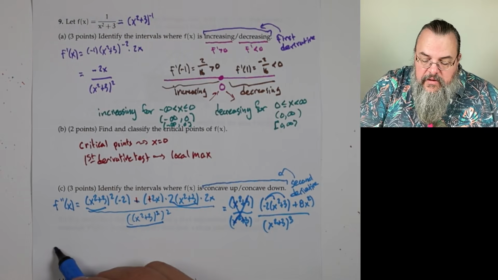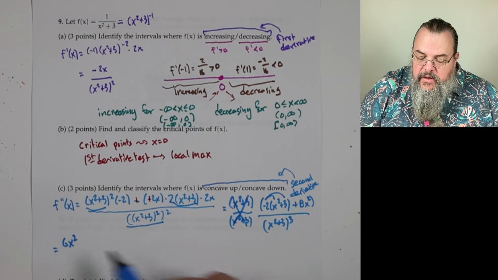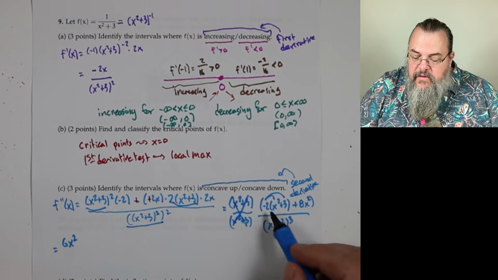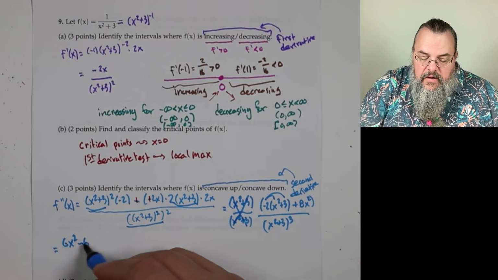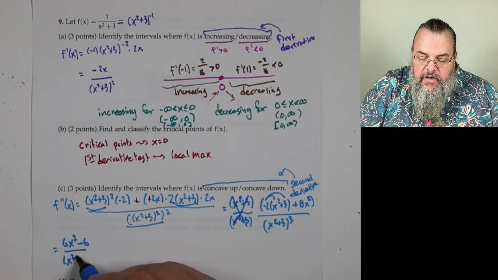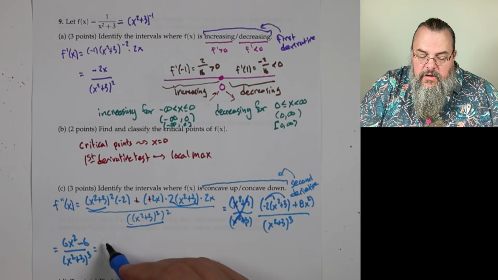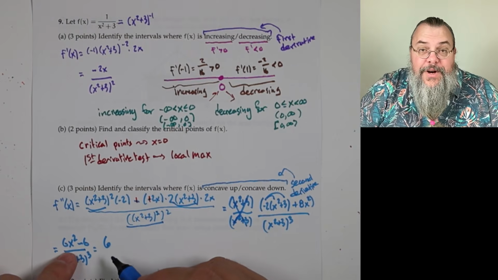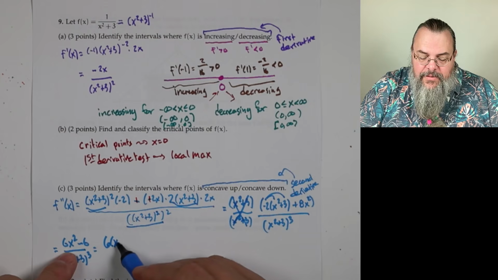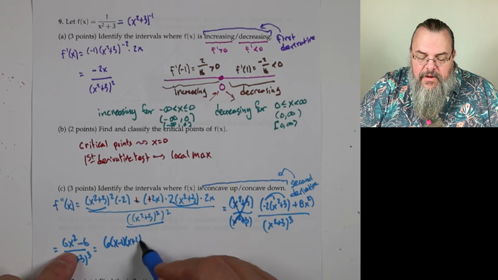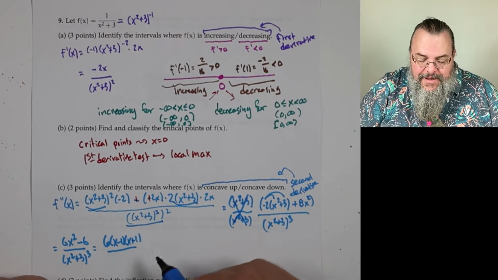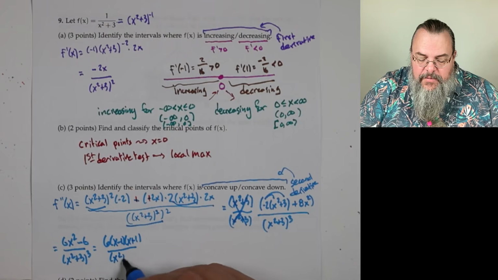So that gives us 6x squared, minus 6, over x squared plus 3 cubed. Well, that's upstairs, that's 6 times x squared minus 1. But wait a second, x squared minus 1 is x minus 1, x plus 1. So 6 times x minus 1, x plus 1 over x squared plus 3 cubed.